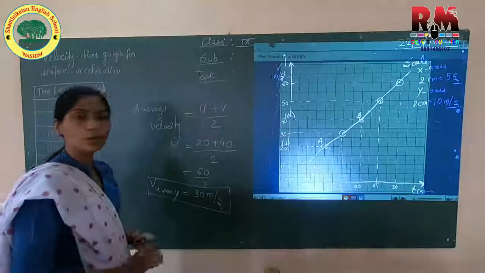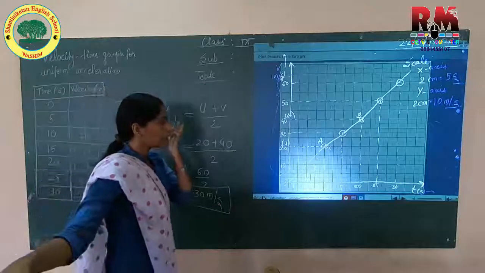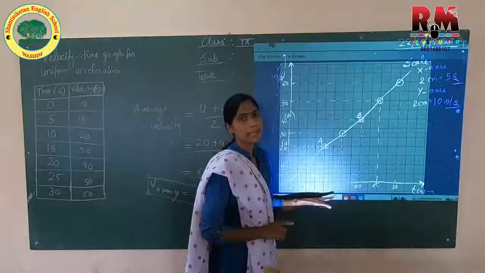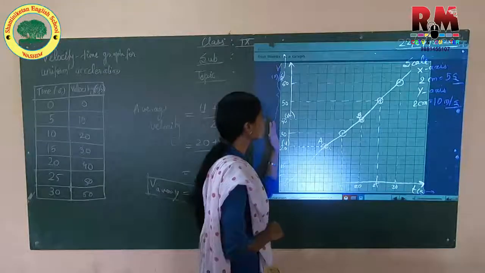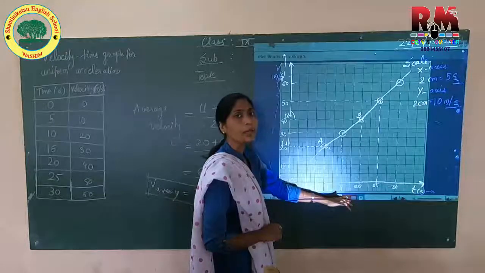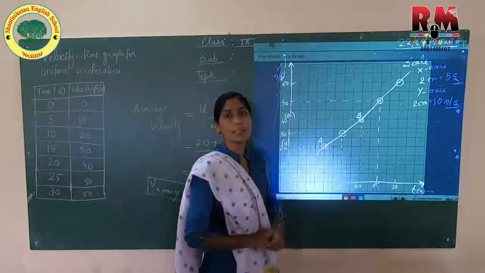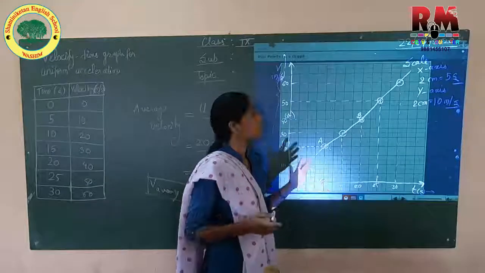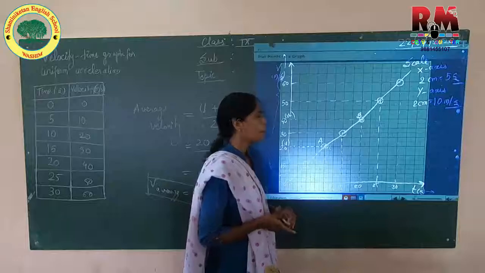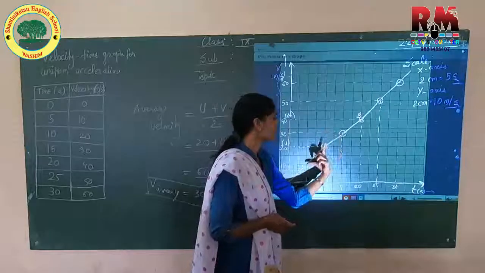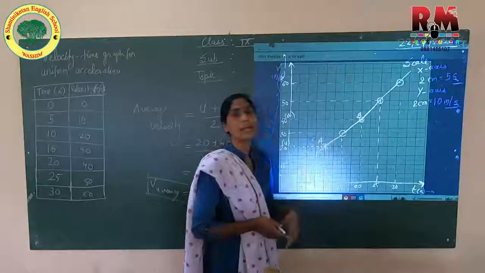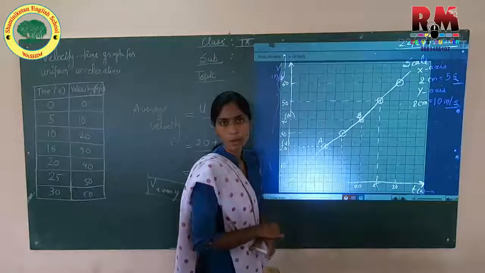So tomorrow we'll see that here the graph is of velocity and time. In the next session we'll see how you can easily find distance, though distance is not given, only velocity and time is given. But for particular velocity, suppose these 2 points, I can find what is the distance covered by that object.